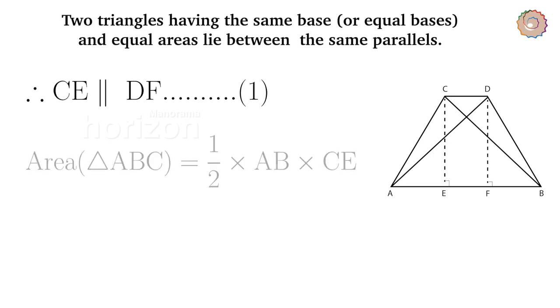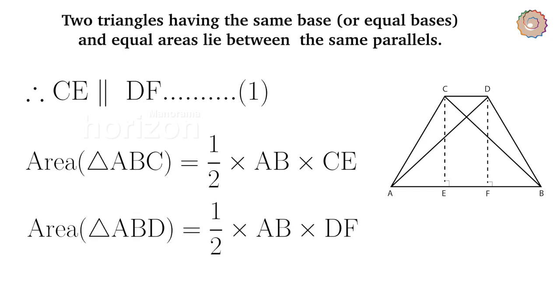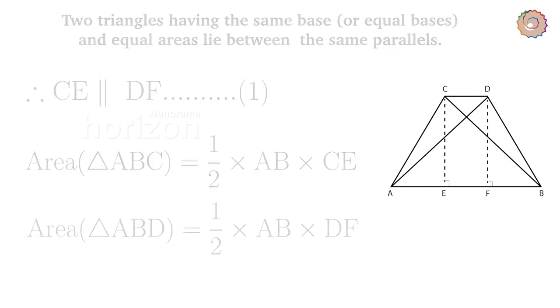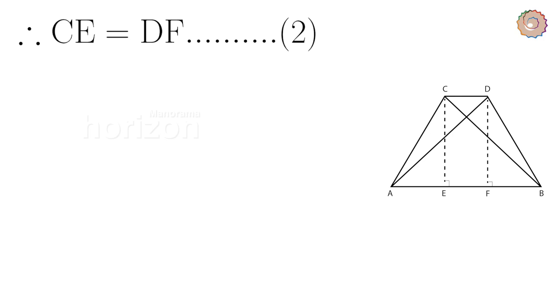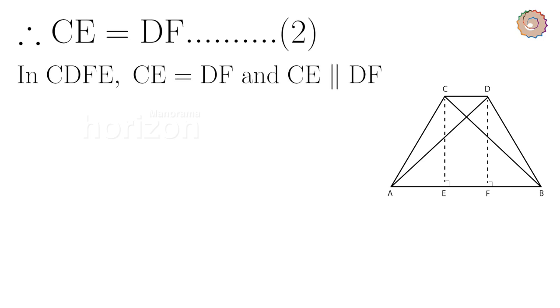Now, the area of triangle ABC is equal to half of AB times CE. Similarly, the area of triangle ABD is equal to half multiplied by AB into DF. Since the area of triangle ABC is equal to the area of triangle ABD, which is given, therefore CE is equal to DF. Let us write this as 2. Now, in CDFE, CE is equal to DF and CE is parallel to DF.